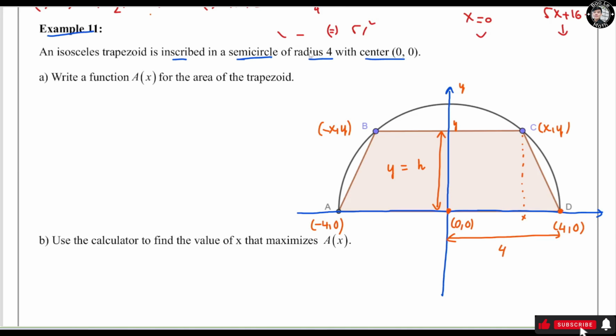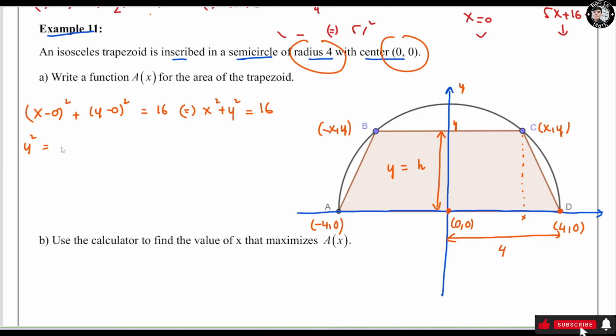Now since the semicircle has radius 4 and center at (0, 0), we have the equation (s minus 0) squared plus (y minus 0) squared equals 4 squared, which is 16. So it could be s squared plus y squared equals 16. We solve for y. So y squared equals 16 minus s squared.